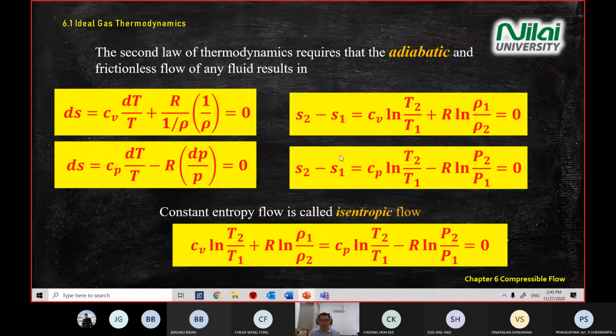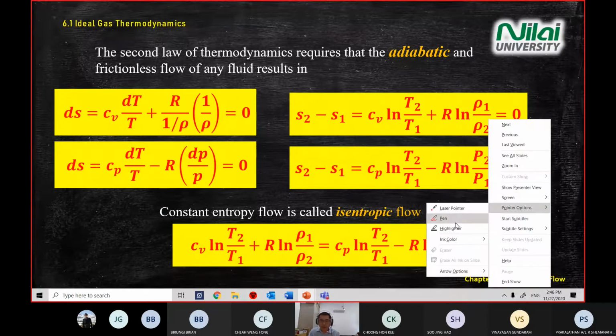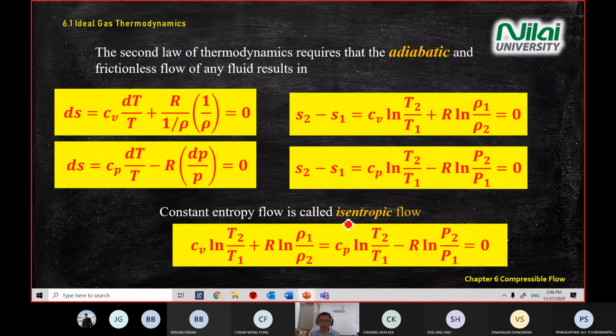All right, and then another one is called isentropic flow. So isentropic flow, the origin of the word, you see the entropic word here. Isentropic means the same entropy, which is our S. So iso means same.